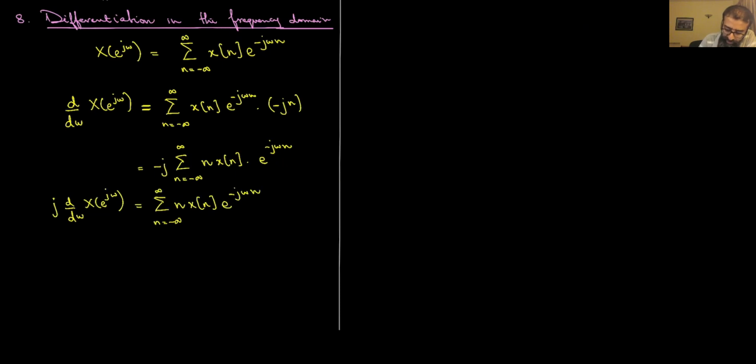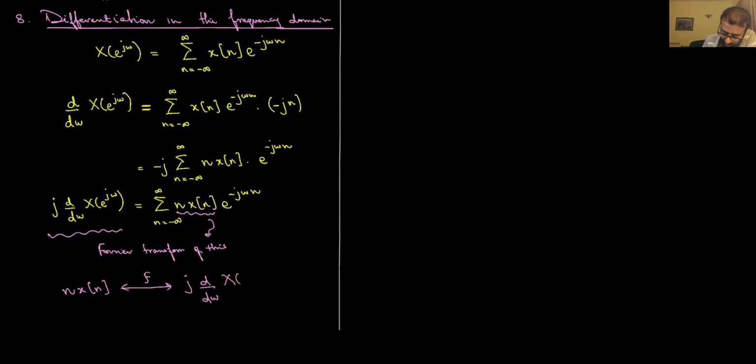And from here, what I conclude is that this is the Fourier transform of the thing which is inside, because this is just the Fourier transform relationship. So the conclusion is that the Fourier transform of n times x of n is equal to j times d by d omega of X of e raised to power j omega.